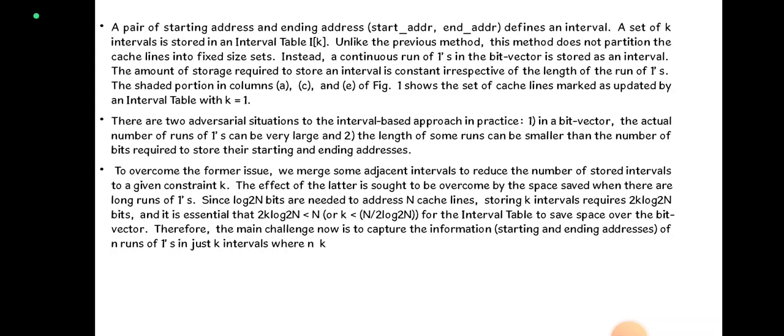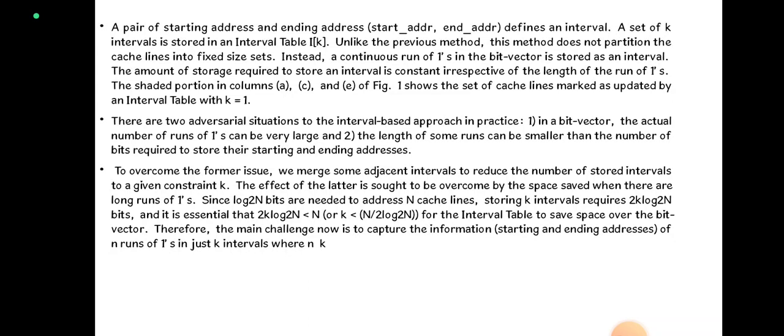The effect of the latter is sought to be overcome by the space saved when there are long runs. Since log2 n bits are needed to address n cache lines, storing k intervals requires 2k log2 n bits, and it is essential that the interval table saves space over the bit vector.